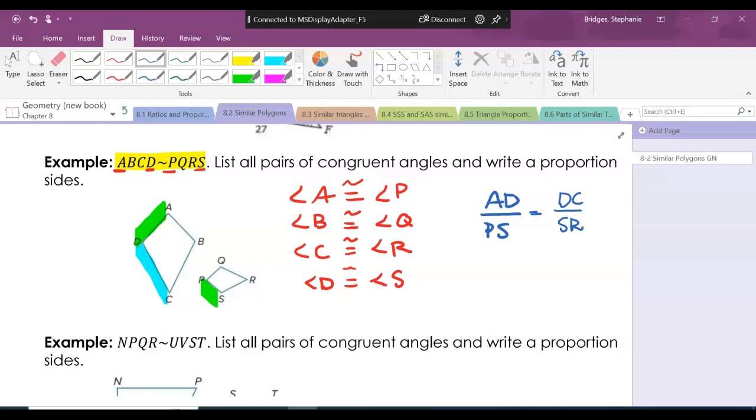Sometimes your shapes are drawn in exactly the same direction, and it's easy to tell, but a lot of times they're going to twist and turn them. So you need to pay attention to your statement.